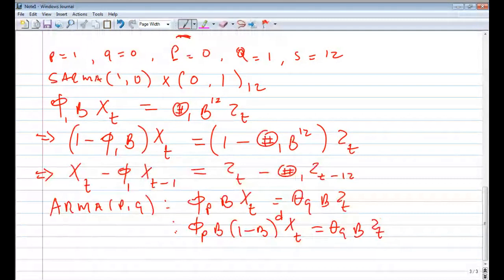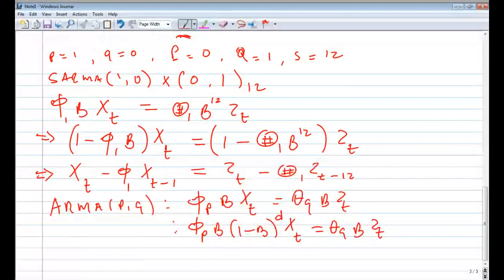If you check, on the right hand side, I didn't introduce any differencing part. Is there anyone who can tell me why? We introduced this differencing part on the left hand side, but on the right hand side we don't have it. Is there anyone who has any idea why we did it like that?